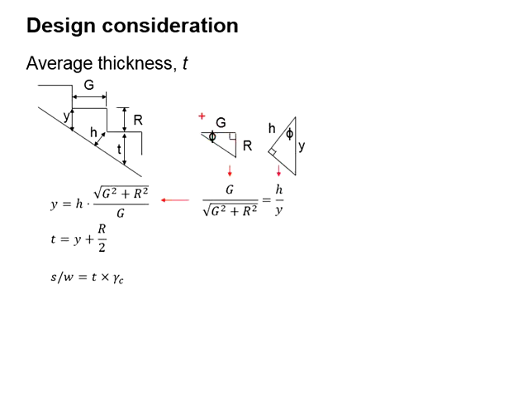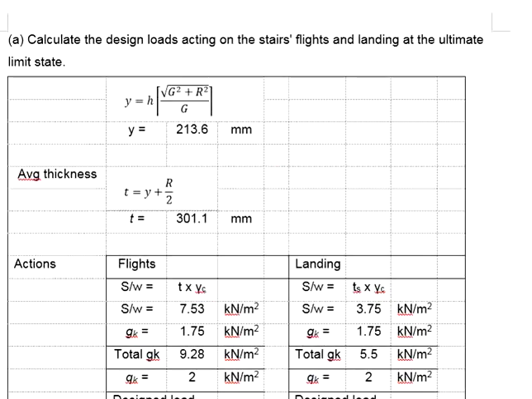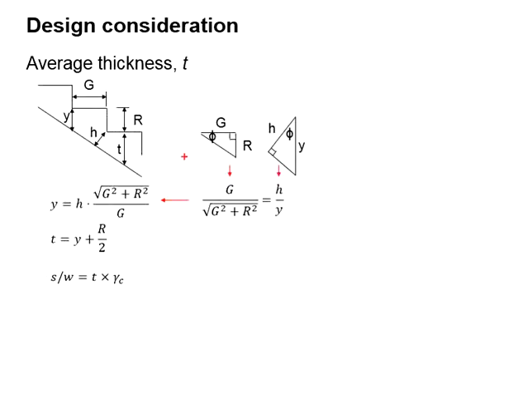Knowing the right angle with both sides g and R here, you know the length of the hypotenuse. It will be the root of g squared plus R squared. Now you equate both ratios, rearrange it, you get this equation. With that, we use the equation for y for us to get the distance here.